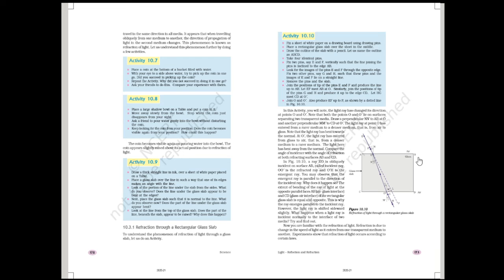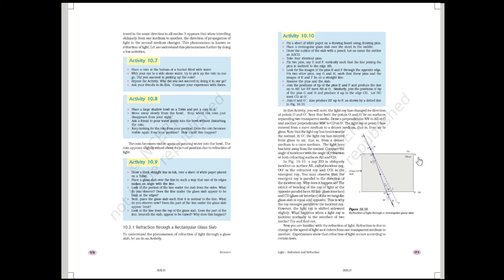You have drawn the line, so place the 2 pins and make a circular mark around each. Now place the slab again, look at these 2 pins through the slab, and fix 2 other pins, G and H, parallel to the light coming across the glass slab.